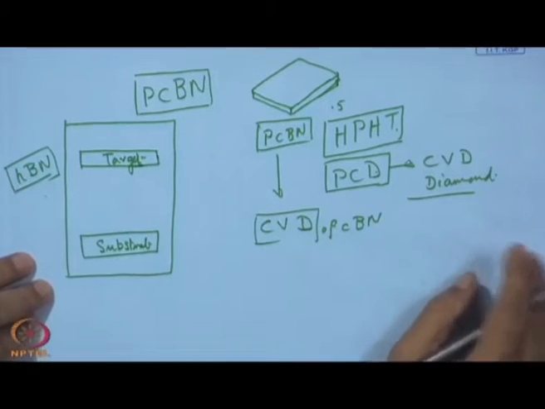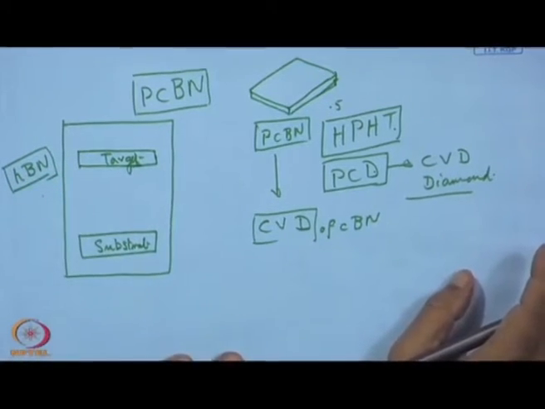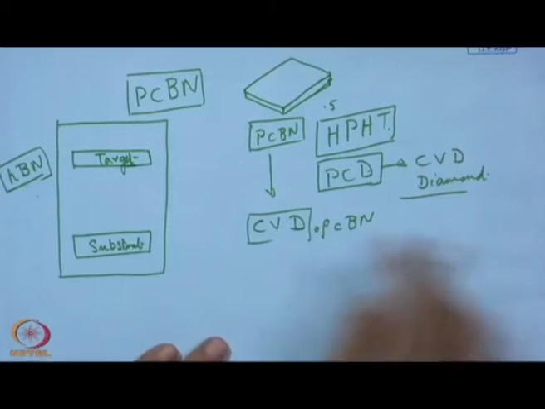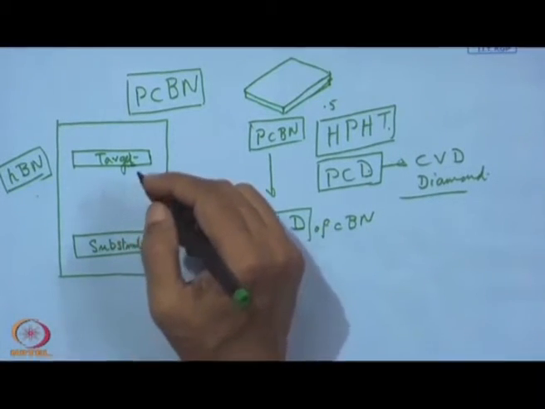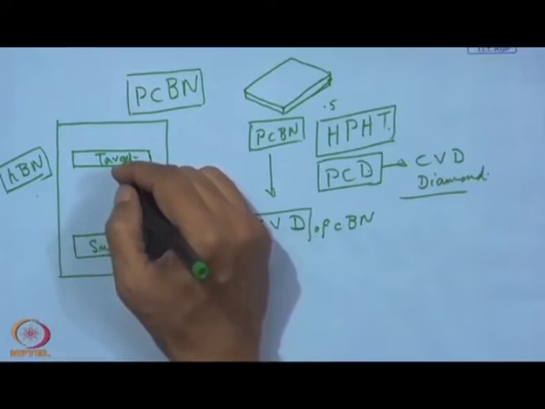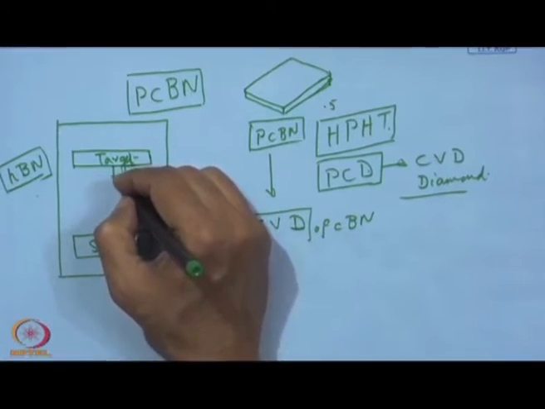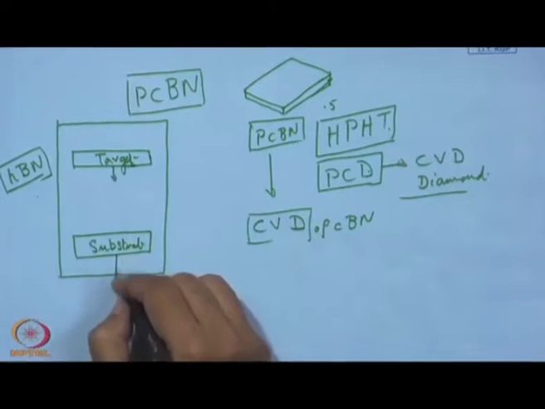So, with HBN it is possible to have this target, but what we get during this process, HBN will be sputtered.